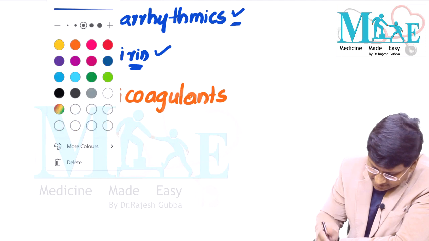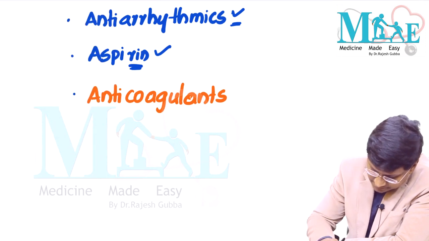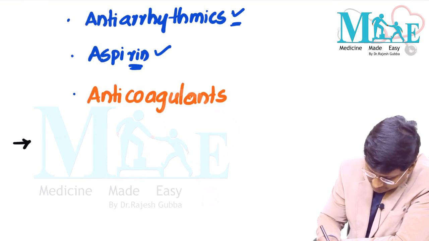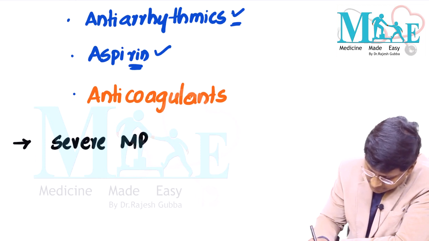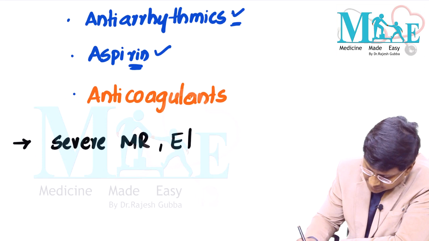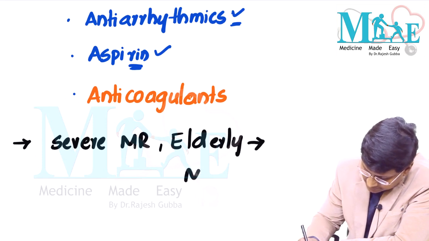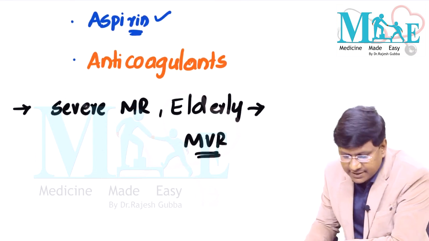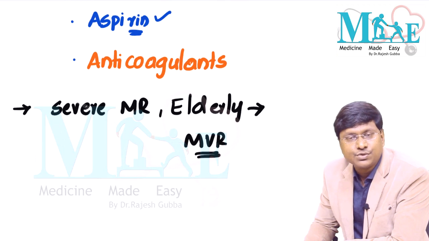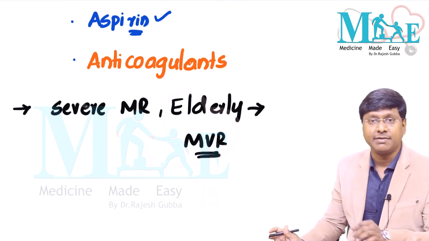Lastly, if the individual has severe mitral regurgitation and is elderly, they require mitral valve replacement. So this completes the discussion on mitral valve prolapse.